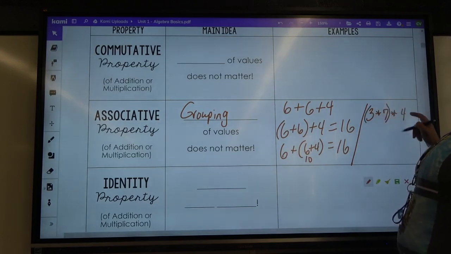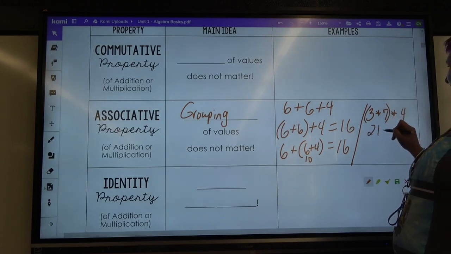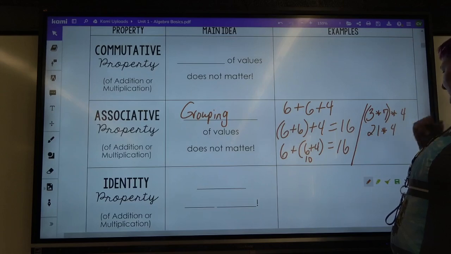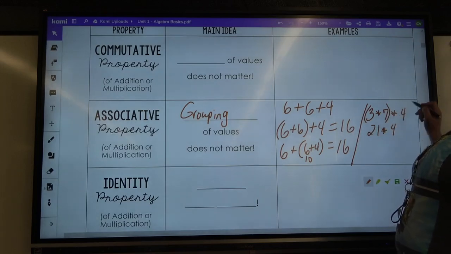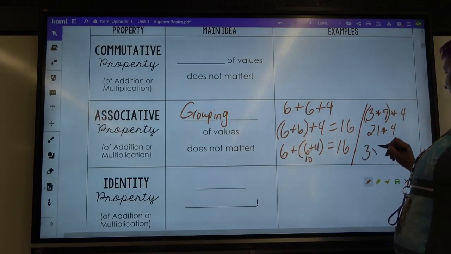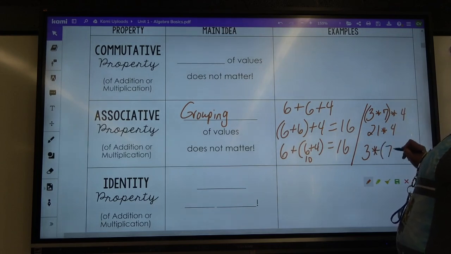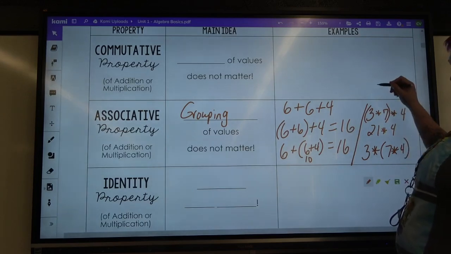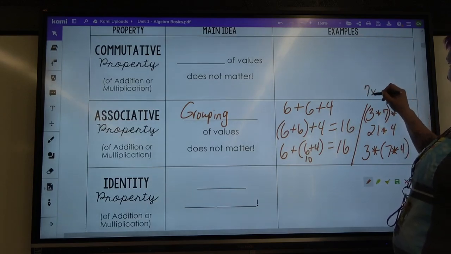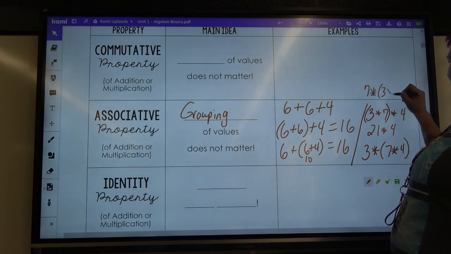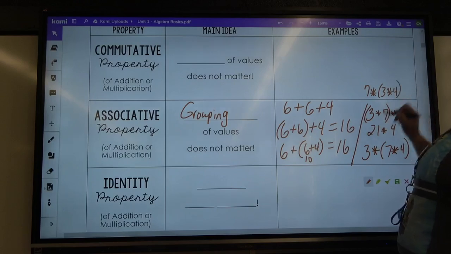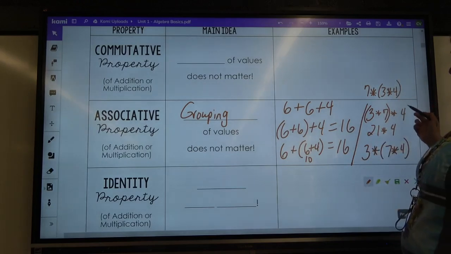You can either do the 3 times 7 first, which is 21, and then do the times 4, right? Or you can do the 3 after you do the 7 times 4. Or you can do 7 times 3 times 4, and you will get the same answer all the way.